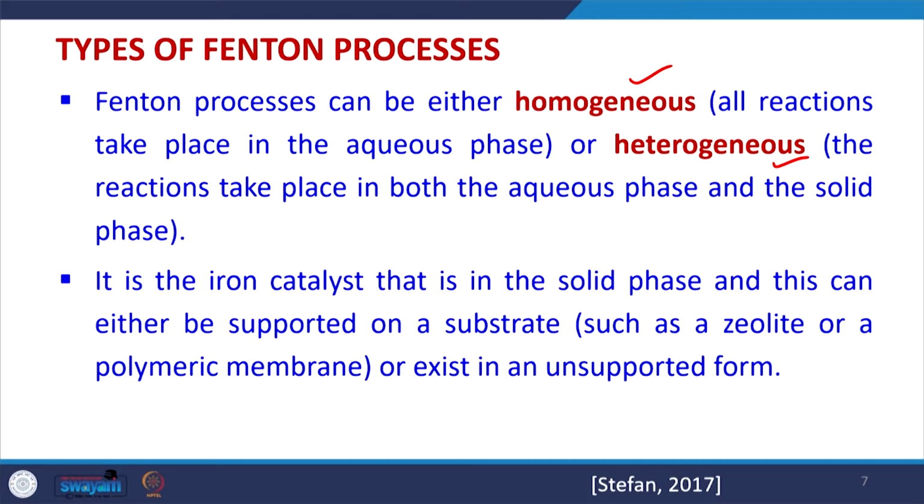This is the difference between homogeneous and heterogeneous Fenton processes. The iron catalyst is in the solid phase, and this can be supported on a substrate such as zeolite, polymeric membrane etc., or it may exist in the unsupported form. So, depending upon that it may be homogeneous phase, heterogeneous phase, etc.